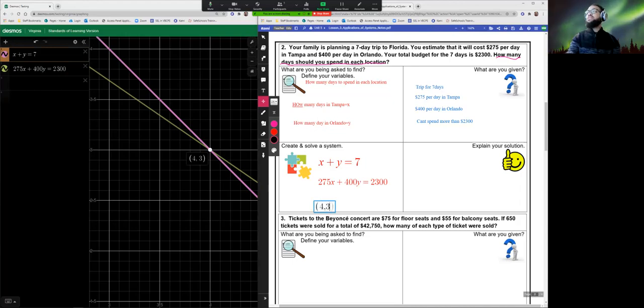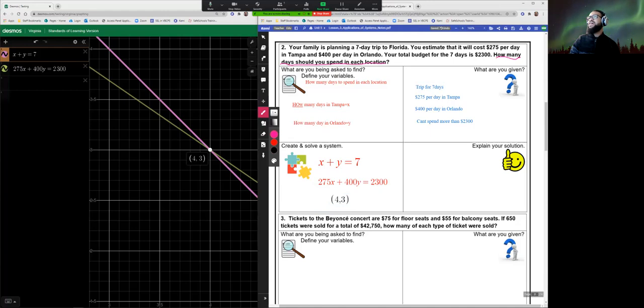And what this means, which is the last step in this process and our steps for solving these application problems, is going to be to explain our answer. So this ordered pair (4, 3) means that we can spend 4 days in Tampa and 3 days in Orlando. If you're confused as to how I got that, remember my X is with Tampa.